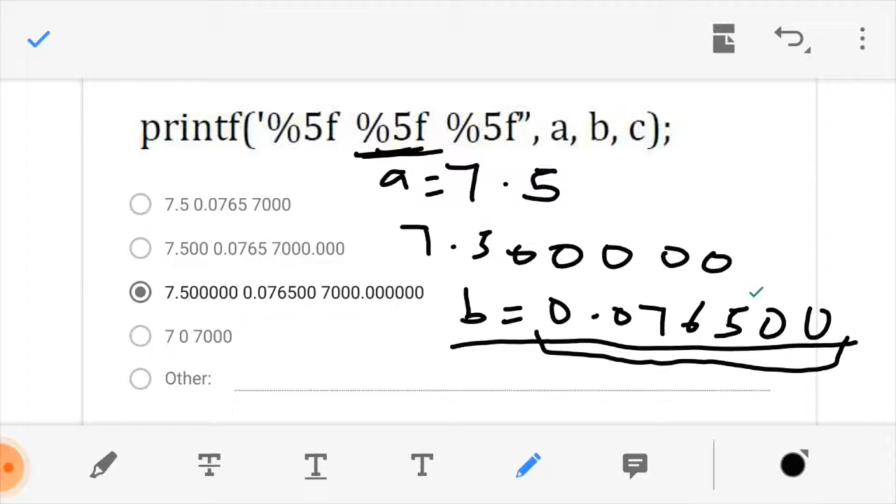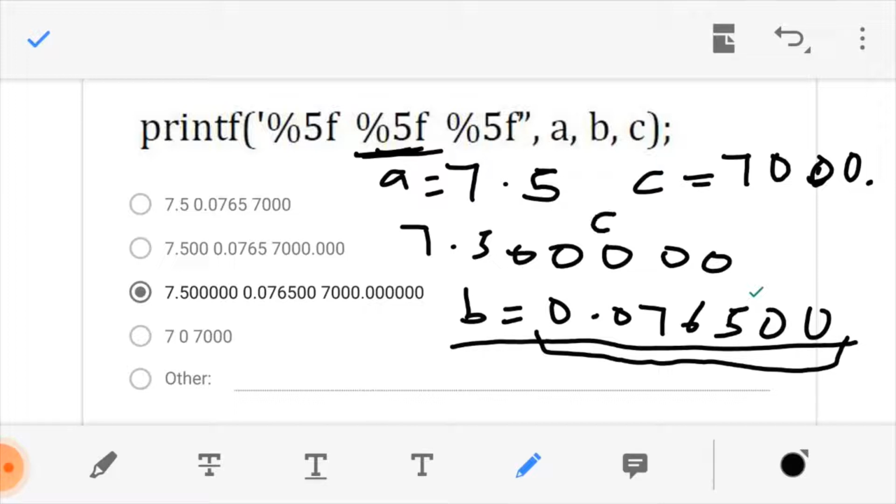Now we know that C was also initialized as 7,000. If you look closely at the preamble, you realize that it was initialized as 7,000 with a point there, but they didn't continue. So here, since we are looking for our precision, and we initialized it as a float, we would go on to add our precision values.